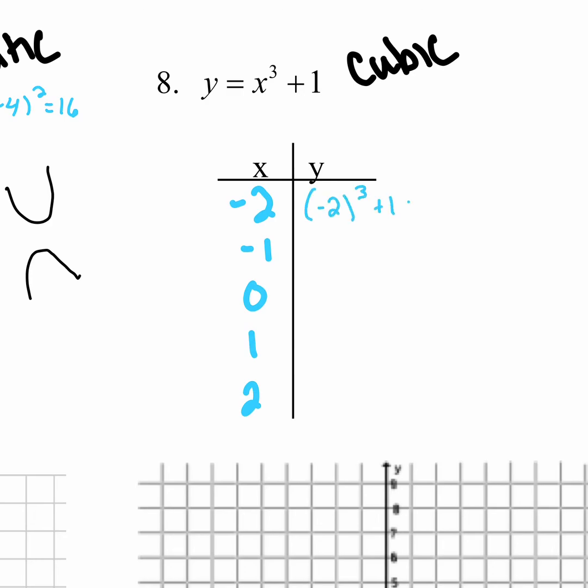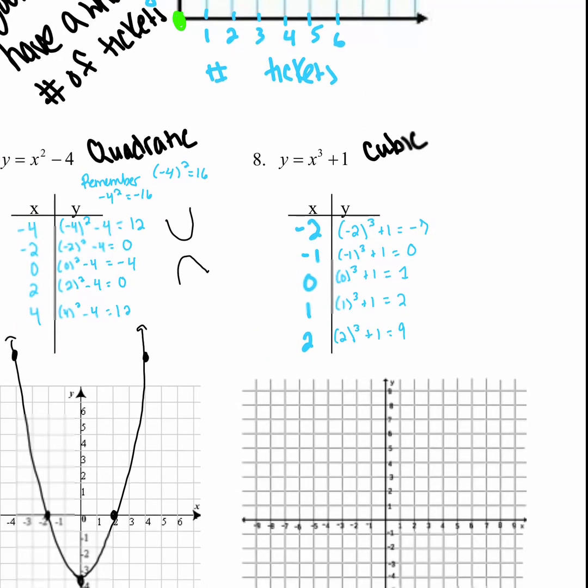-2 cubed plus 1, that's going to give you -7. -1 cubed plus 1 will give you 0. 0 cubed plus 1 is 1. 1 cubed plus 1 is 2. 2 cubed plus 1 is 9.